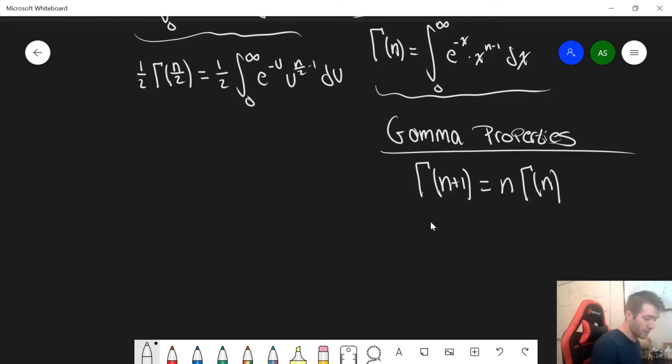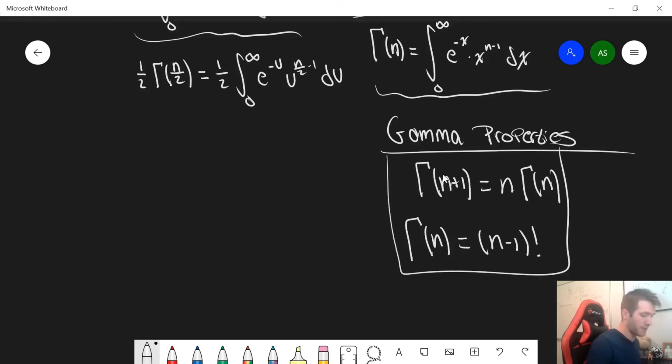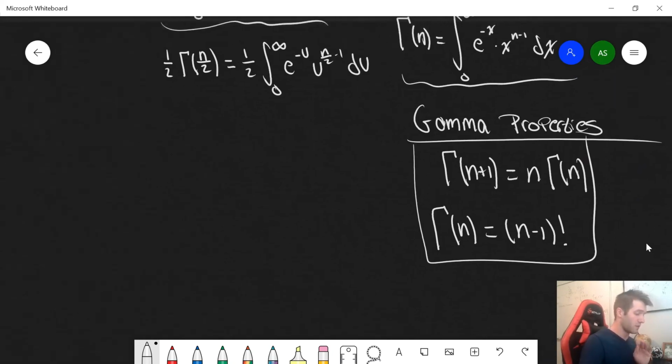And the other one that we're going to need is, since it is the extension of the factorials, gamma of n is also just equal to n minus 1 factorial. So these are very important properties that we're going to be using along the way.